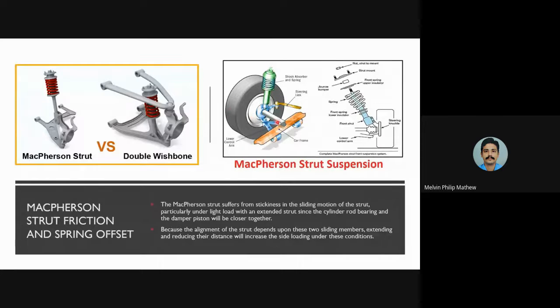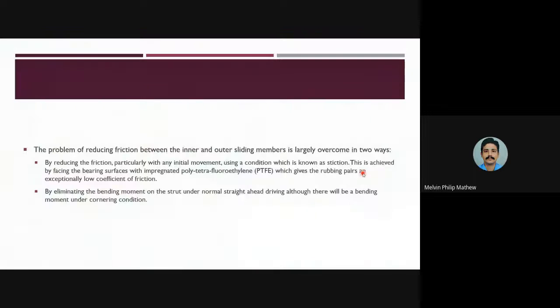This loss can be compensated for in front wheel drive, so we don't have too much distance between the engine and the front wheels. That is the difference between front wheel and rear wheel. And if you want a front wheel drive, the best suspension is the MacPherson strut type suspension. That is another advantage.